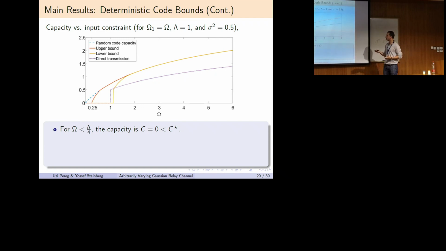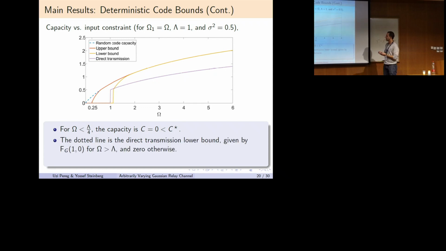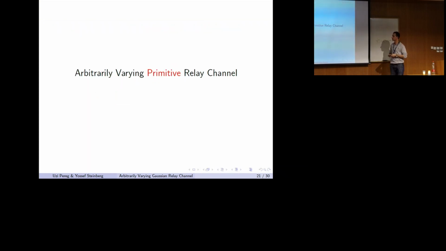For intermediate values, the dotted line is the direct transmission bound, and we can see that the direct transmission lower bound is actually better than the partial decode forward lower bound. But for high values of the constraints, our bounds coincide, so we have the capacity in this case.